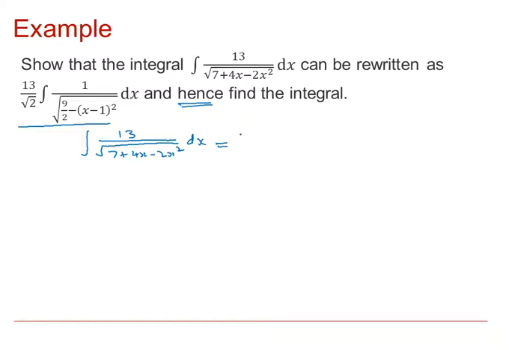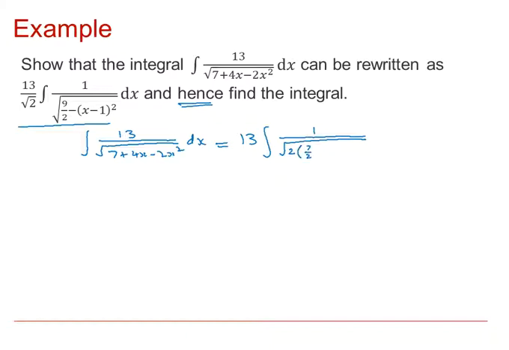So I'm going to do a couple of things. First thing I'm going to do is to take out the 13 from the numerator, just to make it a nice clear 1 in the numerator. And the other thing I'm going to do is to pull out 2 as a common factor in that denominator.